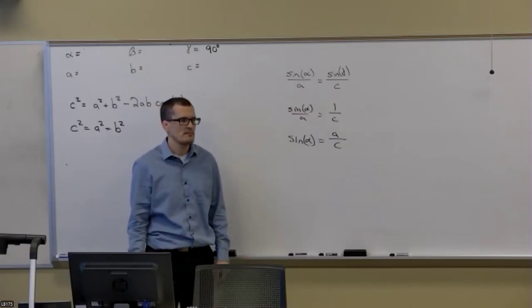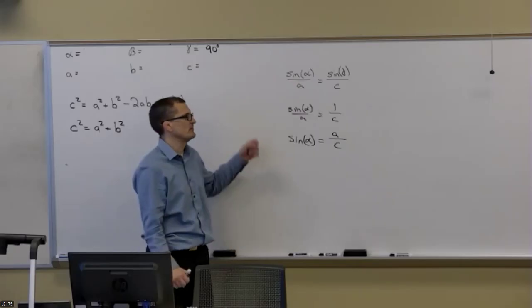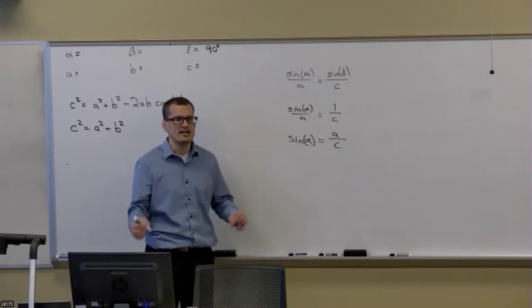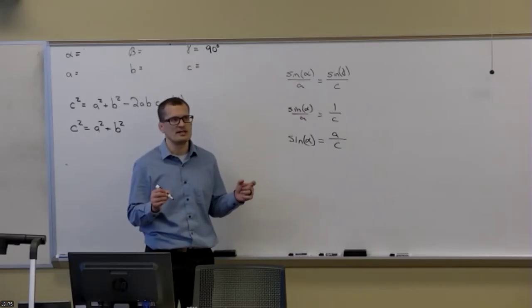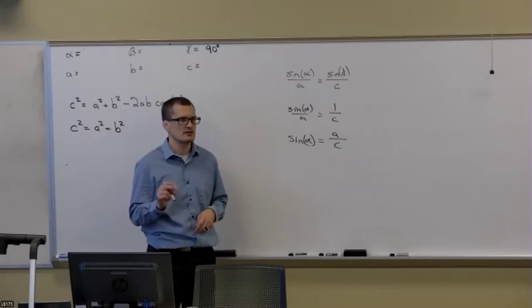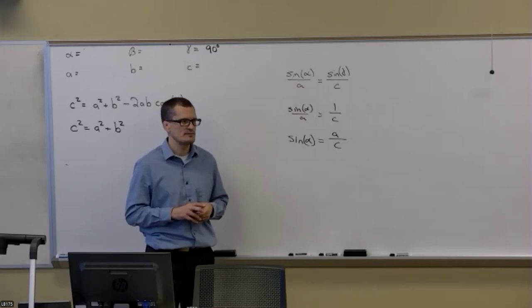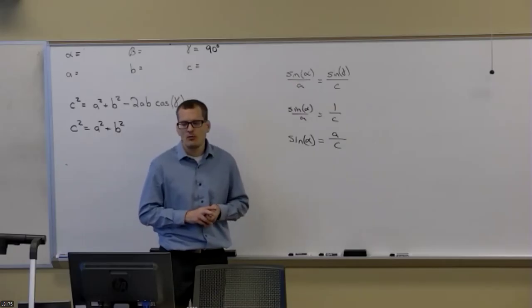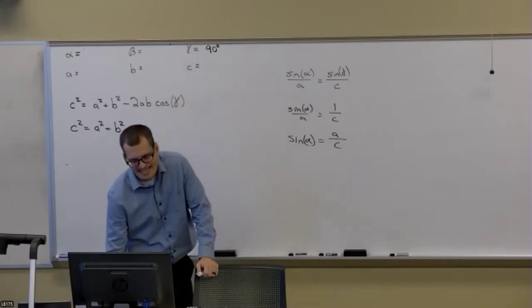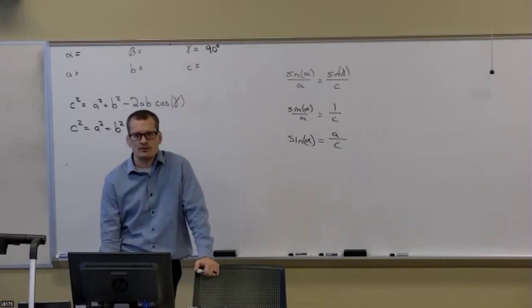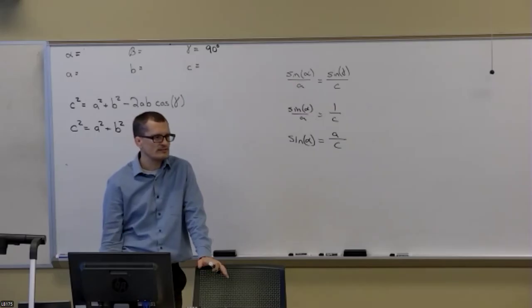Makes sense. And you can do the same thing for beta, and the sine of beta is the same thing as the cosine of alpha because they're complementary angles. And then you can put those together to find tangent. Is that right? Okay.